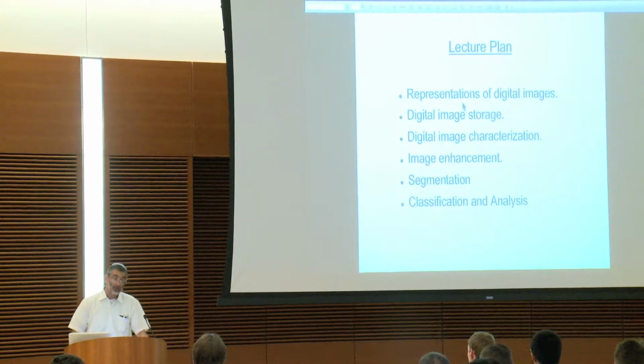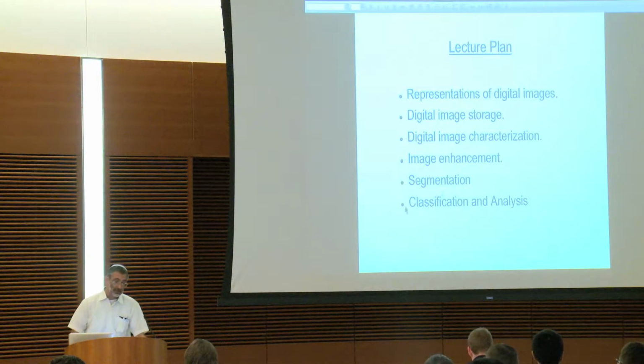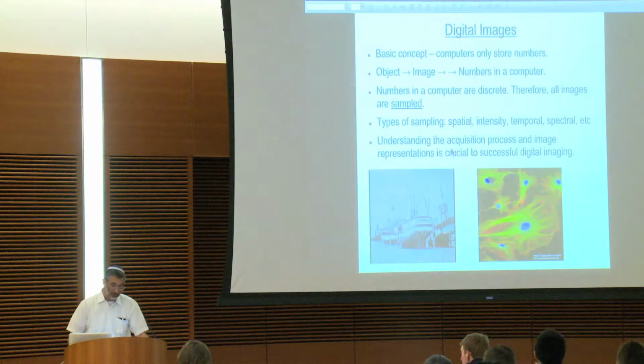So we're going to be talking about representations of digital images, a little bit about how digital images are stored, and how they are characterized. That's really the most important thing that we must do. Then we'll try to get into the image processing workflow and segmentation. You'll hear more about that, especially in the next talk with Jan's talk on BioVoxel. We did some coordination so that he expects that I'll cover certain things in this talk so that he can continue with his.